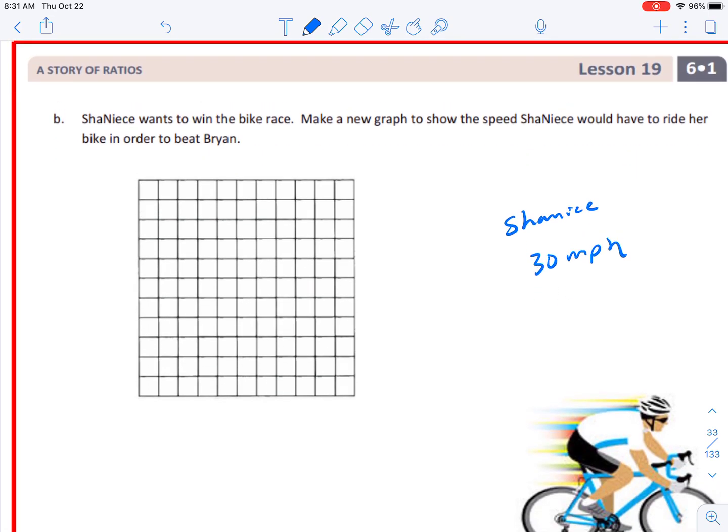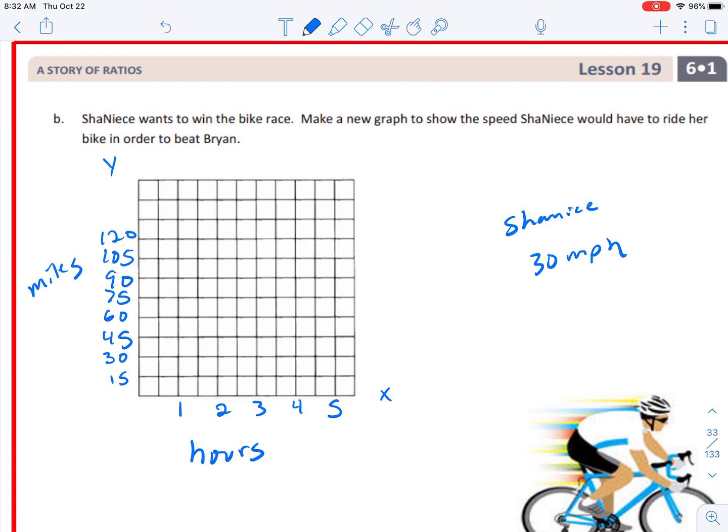So I'm going to label my graph. This is my X is going to be my hours. My Y is going to be miles. Okay, I'm going to skip 1 and count by 1, 2s, 3s, 4s to 5. Okay, and on these I'm going to count up by 15. And I think that should be enough.